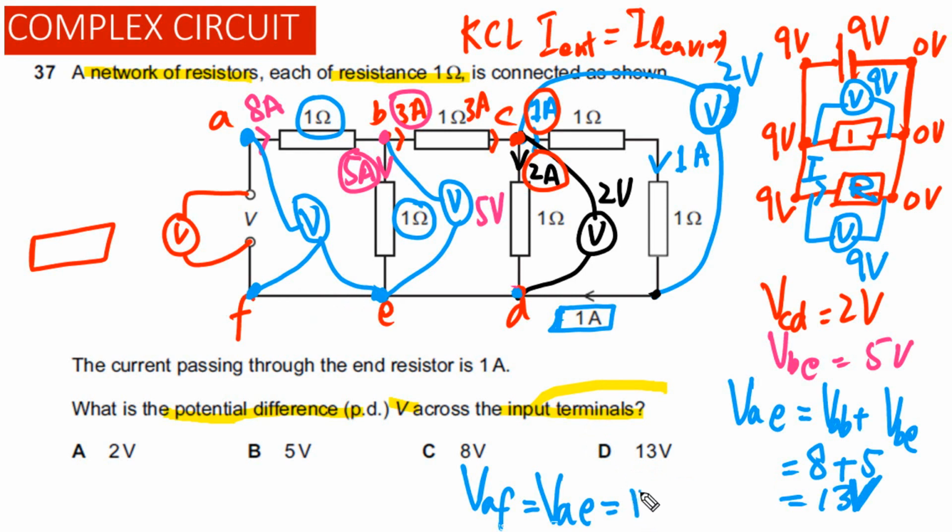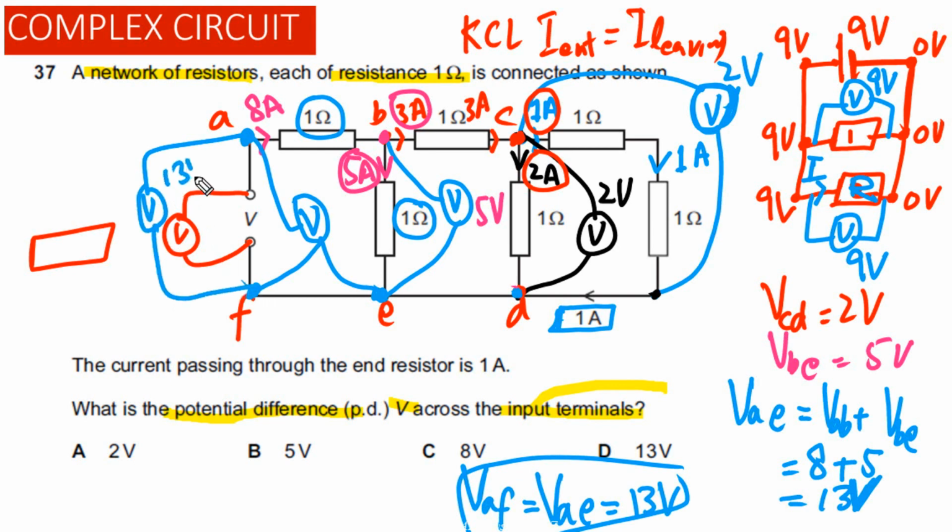So AF is equal to 13 volts. And as you can see, if I attach the voltmeter here, this is equal to 13 volts. How about across these input terminals? That is also equal to 13 volts. So our answer for this question is D.